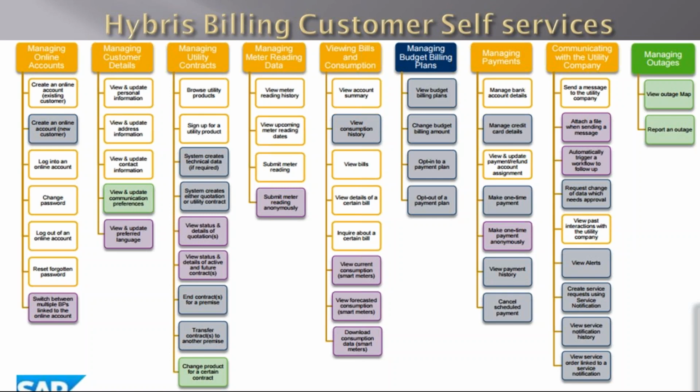That is what most customers across the globe use, particularly in oil and natural gas, retail, public utilities, and multi-country retail, very big retail projects such as Woolworths. They use e-commerce to integrate with the Hybris billing product, so that online customers, whether B2B or B2C, can easily interact with the system and perform their activities. That is why SAP Hybris billing and commerce are tightly integrated in all future projects.